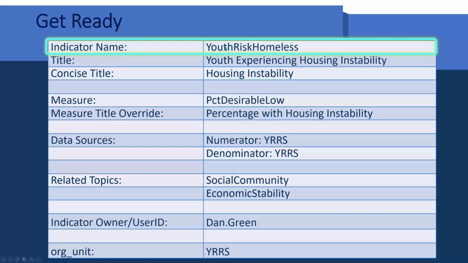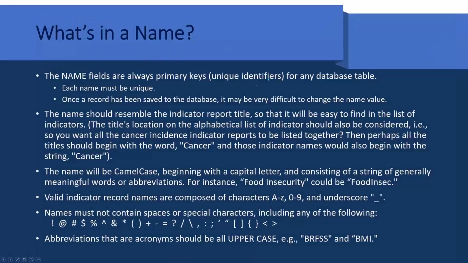So let's look at this name. When you go in and create a name, there are some considerations. Every table in the admin database has a name field that is a unique identifier for all the records in that particular table. So when you create a new indicator, you need to consider what you want the name to be.